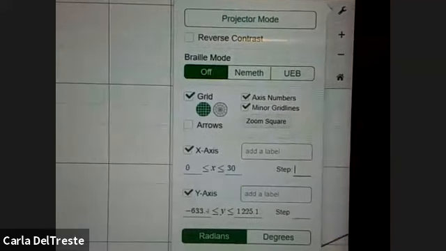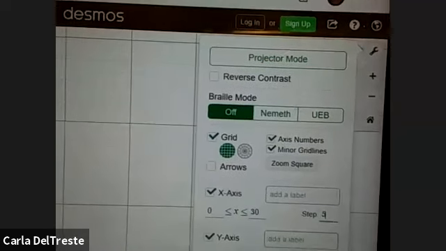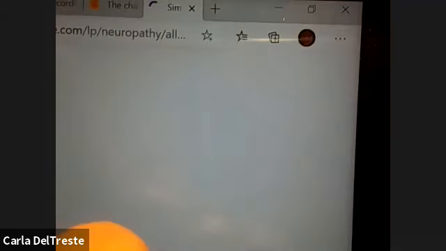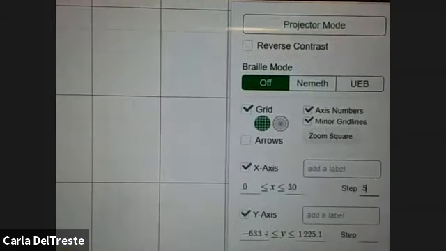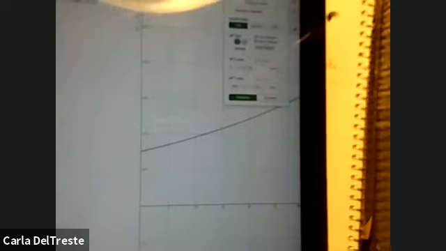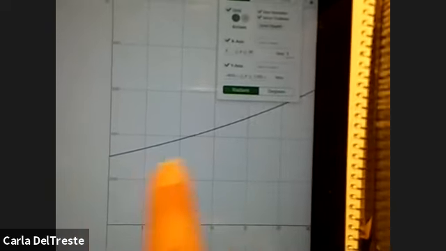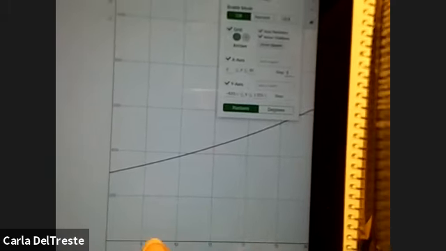Okay, and maybe we'll make our steps 5 like we did in the graphing calculator. Now, just doing that, look at what happened to the graph, right? It looks a lot more like our window in our graphing calculator, okay? So you can start to zero in on what you would be interested in.